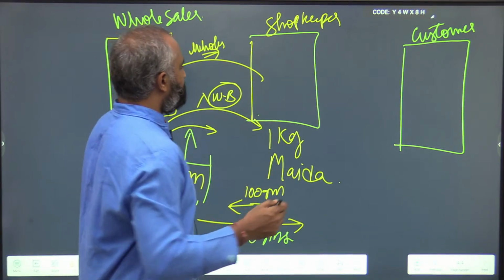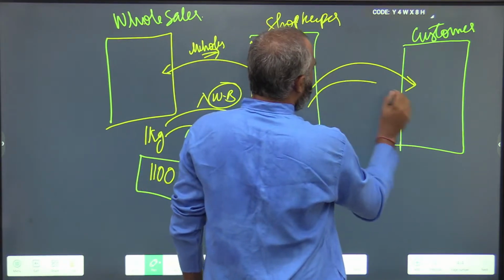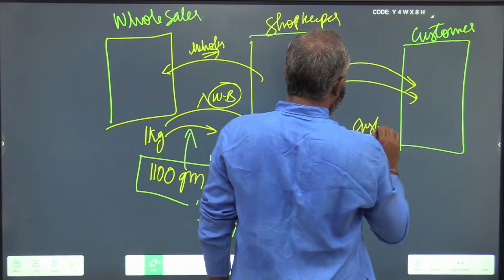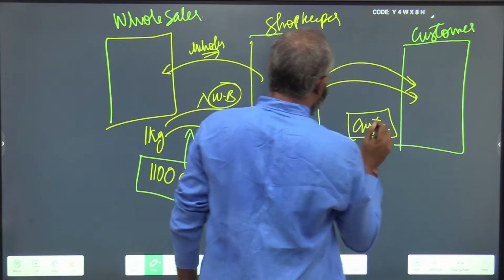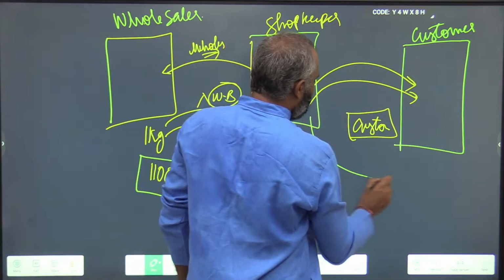Okay. Next, there is another side to this process. What is the other side? The shopkeeper selling to a customer. Now, how can he cheat the customer? I think many of you might be familiar with this.